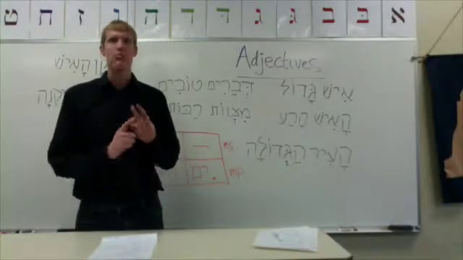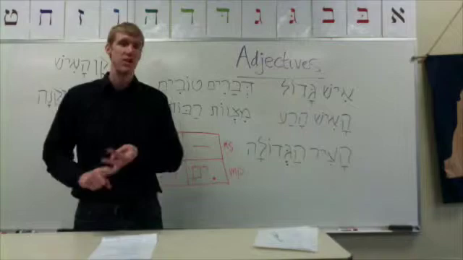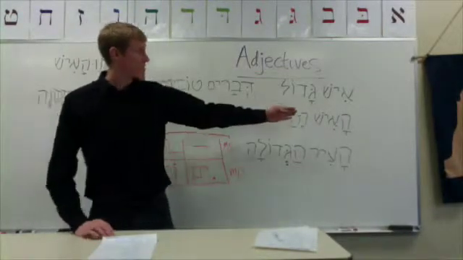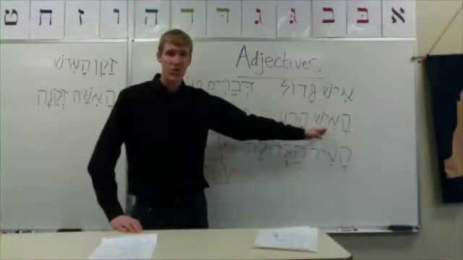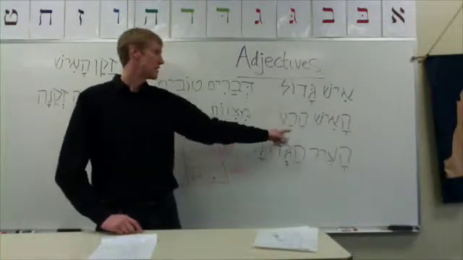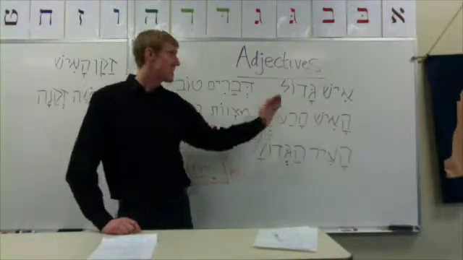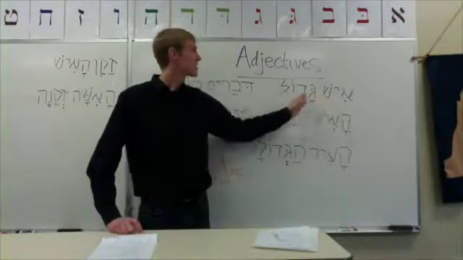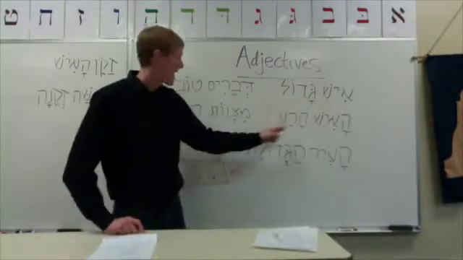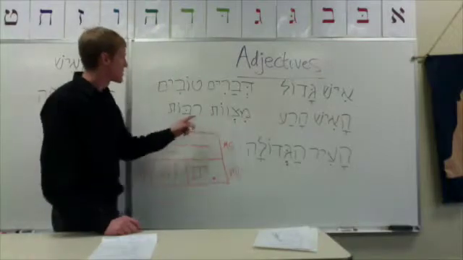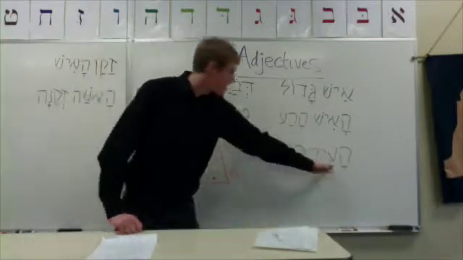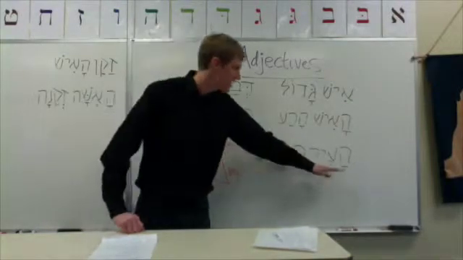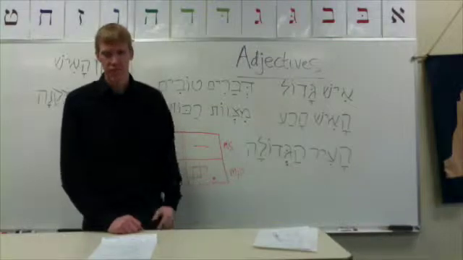And that's one of the primary distinctions between attributive and predicate adjectives. So that's important to take note of. You notice that every noun here that is definite has a correspondingly definite adjective, and every indefinite noun has a correspondingly indefinite adjective. So ish gadol, ha'ish ha-ra, right? Mitzvot rabot, ha'ir ha-gedolah. So anytime the noun is definite, the adjective will be definite as well.